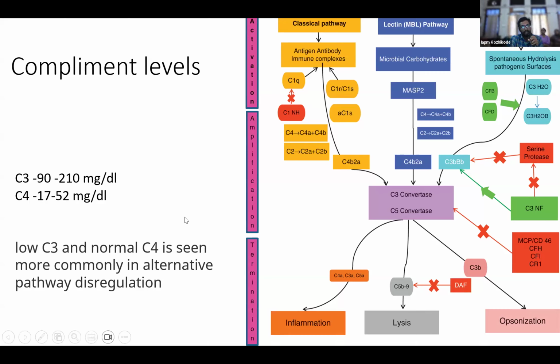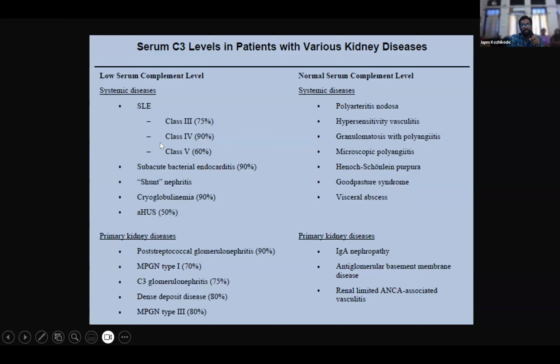And if I am getting only a low C3, then there is a possibility that I may be dealing with a problem in the alternate pathway. Okay. So that also gives us a hint. Okay. So you can see a whole lot of systemic diseases, infections, okay, autoimmune diseases can produce low C3 levels.